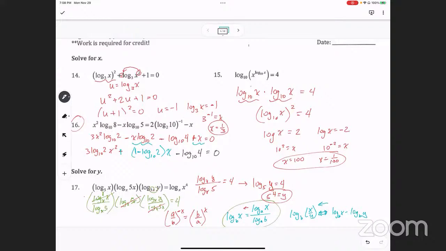I feel like I can simplify this a little bit so it's not so ugly. Let's do that up here in the upper right corner. 1 minus log base 10 of 2 is kind of like saying log base 10 of 10 minus log base 10 of 2, which is the same as saying log base 10 of 5.